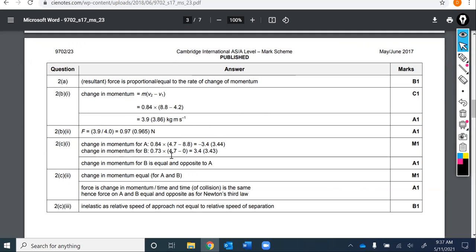So let's see how they did this one here. They took the mass times the change in its speed. They got negative 3.4. And the change in momentum for B, they took its mass times. So they just kept the mass separate.